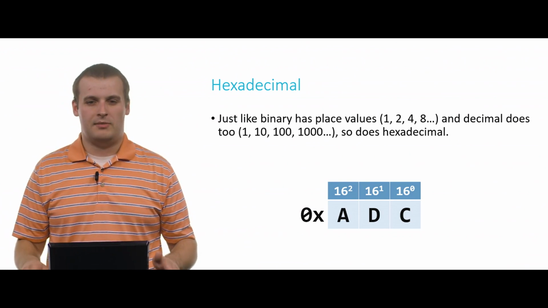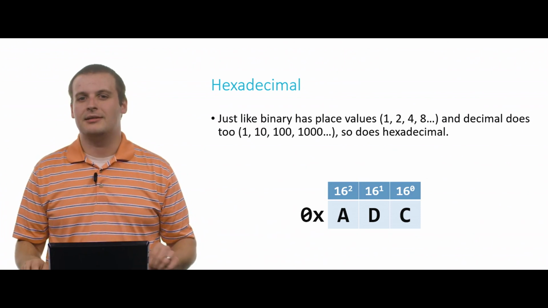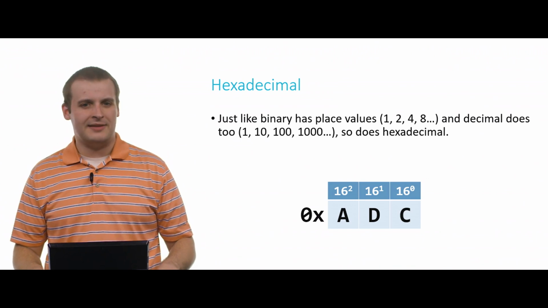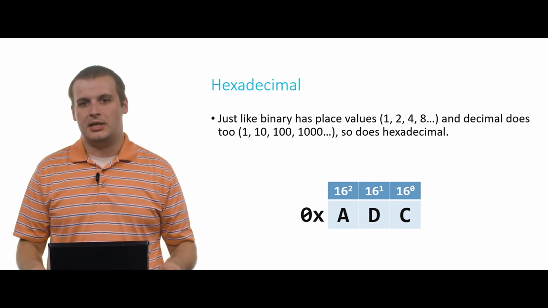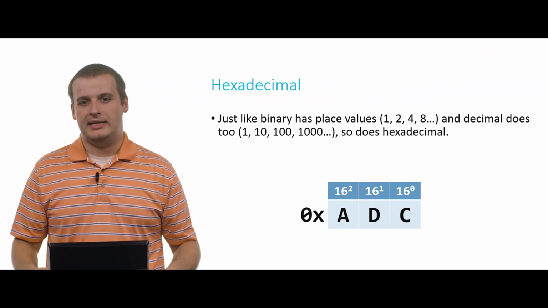And don't worry if you haven't memorized that D is 13 or anything like that. There's not too many of these letter digits, and it'll become intuitive pretty quickly. So again, this is 10 times 16 squared plus 13 times 16 plus 12 times 1, so 0xADC.